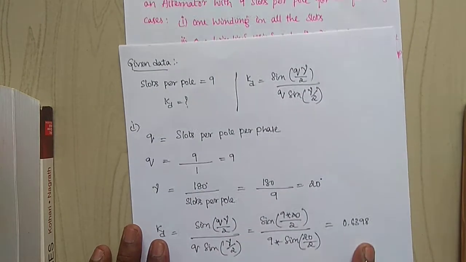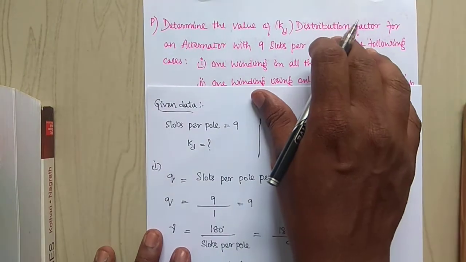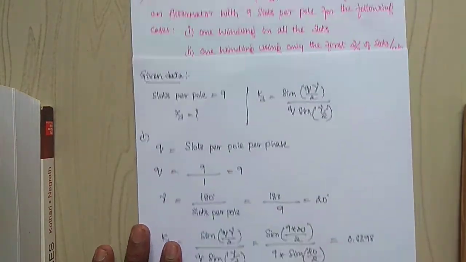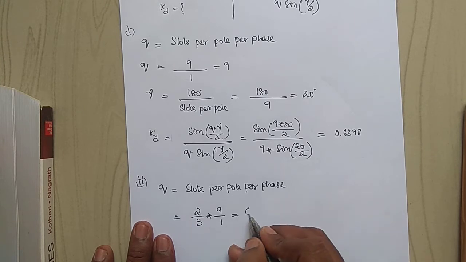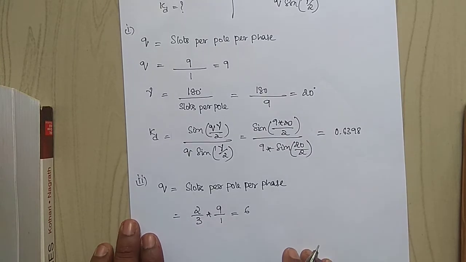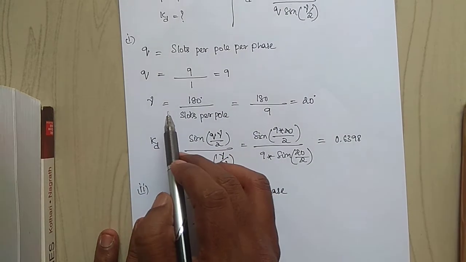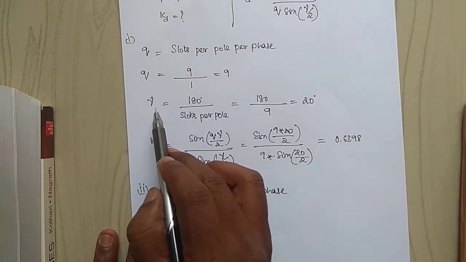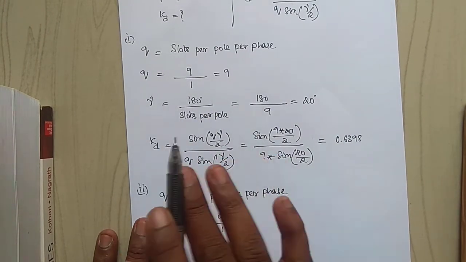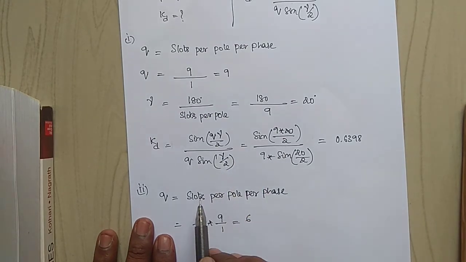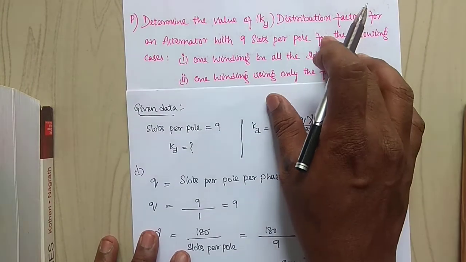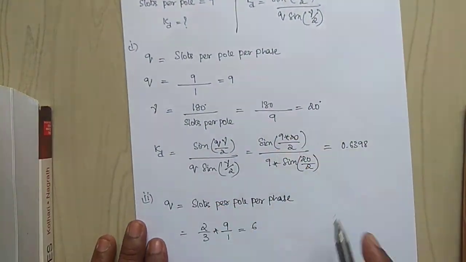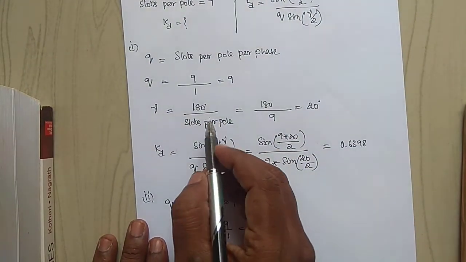Here it is a one winding machine, so the phase value is 1 itself. You get 6. What about gamma? Gamma means the angle between one slot and the next slot. It is not changing. Only the slots per pole per phase is changing. Clear? So the gamma value is still 20 degrees.